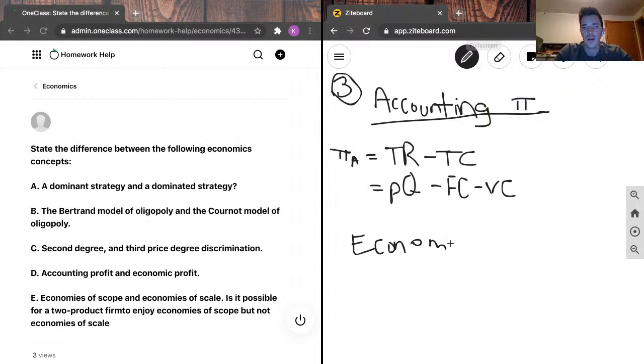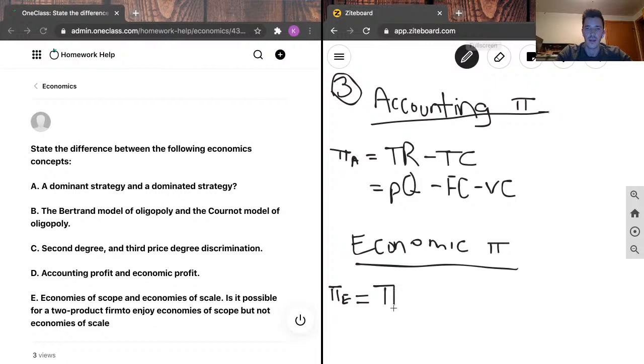Economic profits, on the other hand, may look the same at first glance, but the difference is that they include implicit costs or opportunity costs. All right, that's an E. You guys are just going to have to believe me.